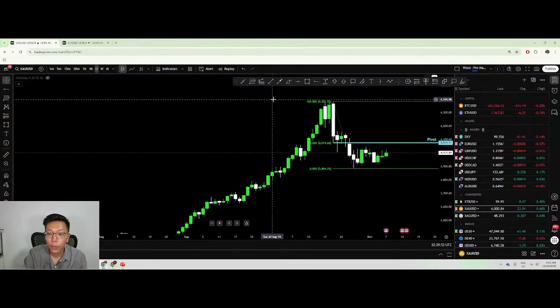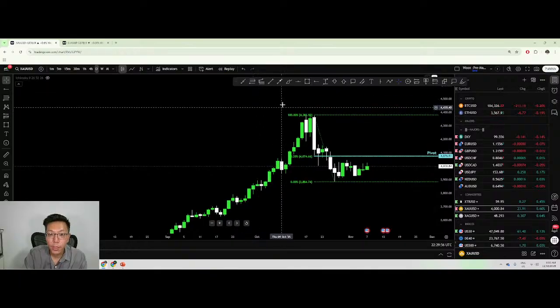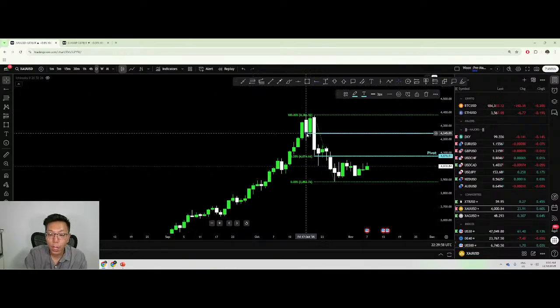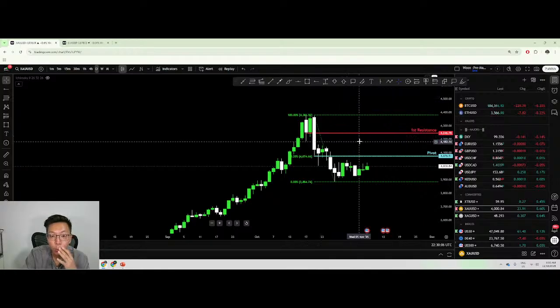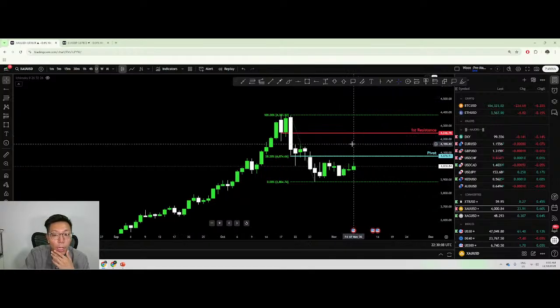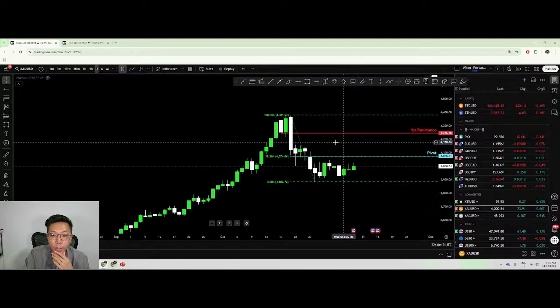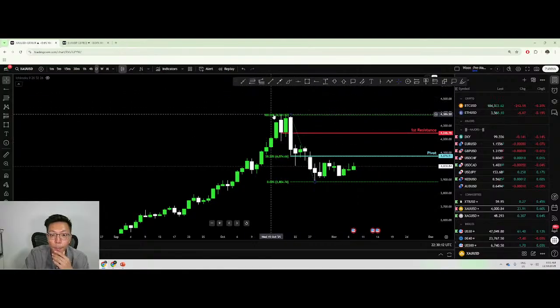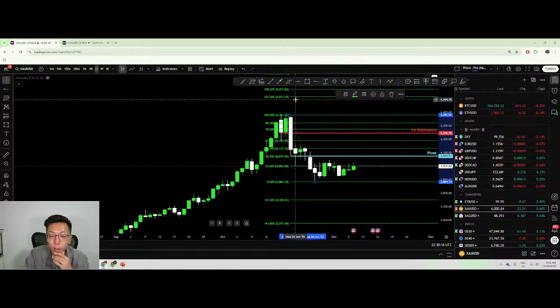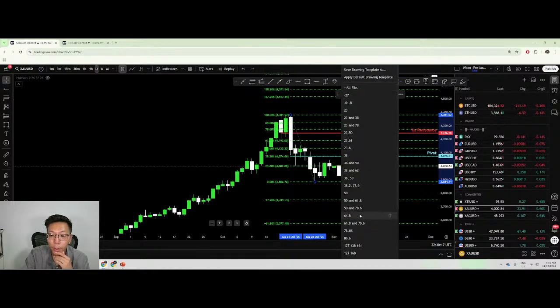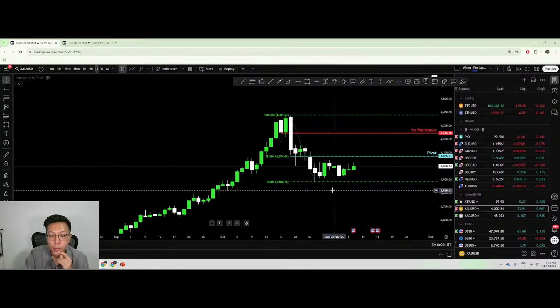Then of course for my resistance level, I wouldn't place it so high over here. The next area that I will definitely look at is this area, which is another pullback resistance level. Yeah, it doesn't align, so I think we can just use this.